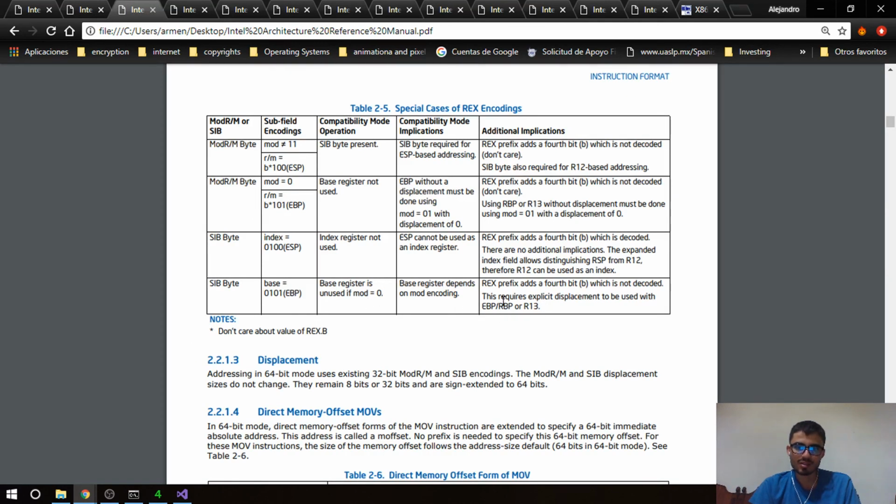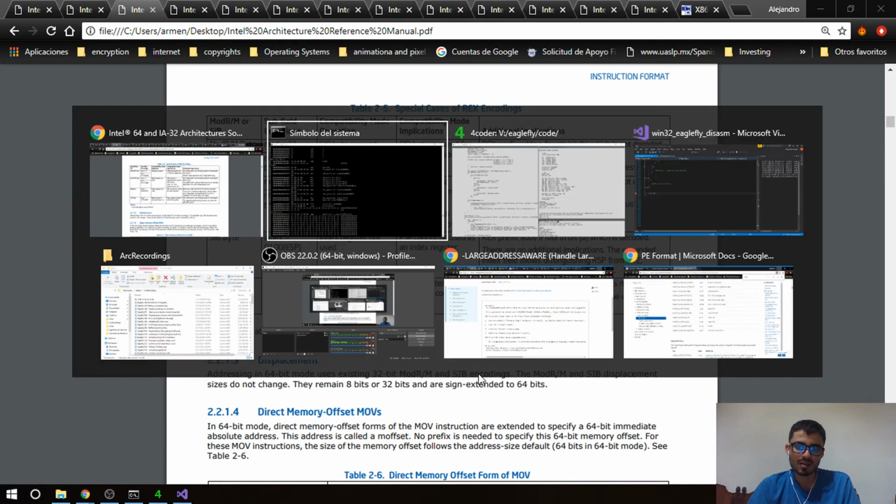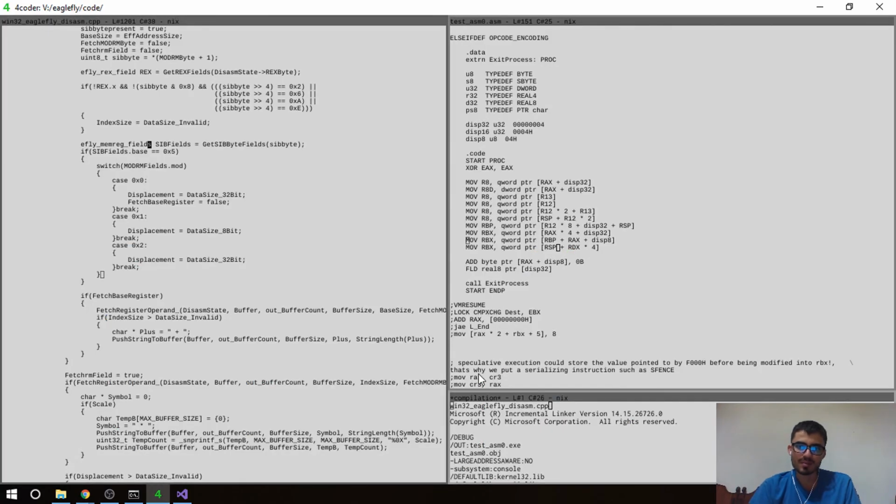Yeah, this says it's possible using RBP, but with explicit displacement. So no, my bad. This was RBP. Oh, it's possible. Oh my god.